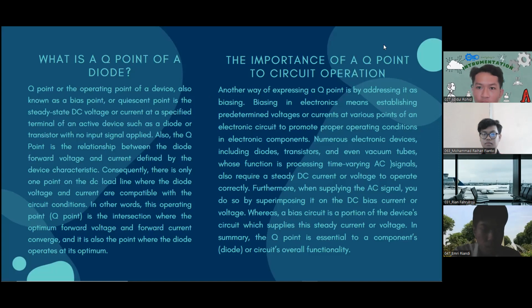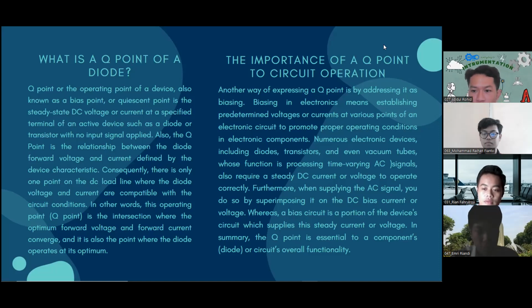The importance of a Q point to circuit operation. Another way of expressing a Q point is by addressing it as biasing. Biasing in electronics means establishing predetermined voltage or current at various points of an electronic circuit to promote proper operating conditions in electronic components. A number of electronic devices, including diodes, transistors, and even vacuum tubes, whose function is processing time-varying signals also require a steady DC current or voltage to operate correctly.